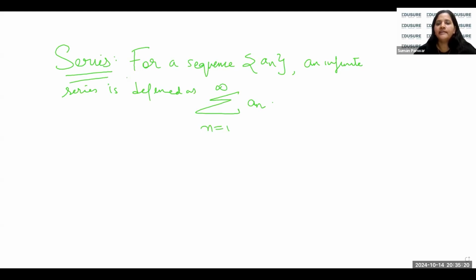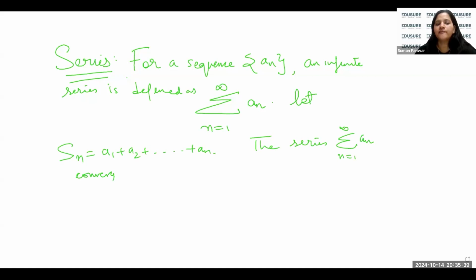Now, let S_n be equal to a_1 plus a_2 till a_n. The series sigma n going from 1 to infinity a_n converges if and only if this particular sequence S_n converges.